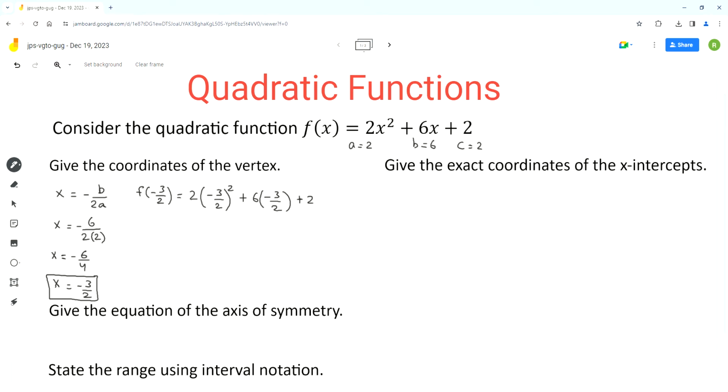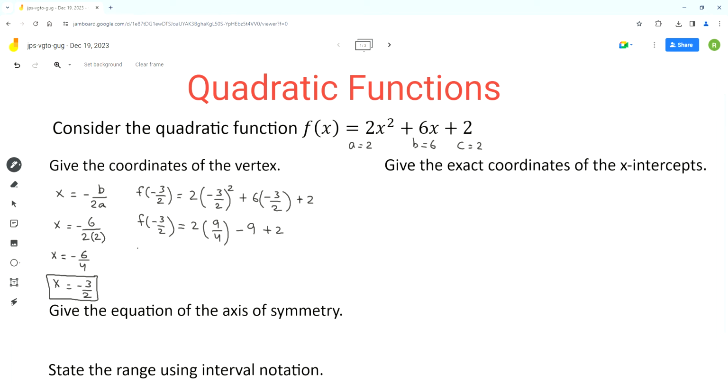Now we just have to simplify this expression. In the first term, we do the square of negative 3 over 2, which is 9 over 4. Then we multiply 6 by negative 3 over 2, which will be equal to negative 9, because 6 times negative 3 is negative 18, and negative 18 divided by 2 is negative 9. And then plus 2.